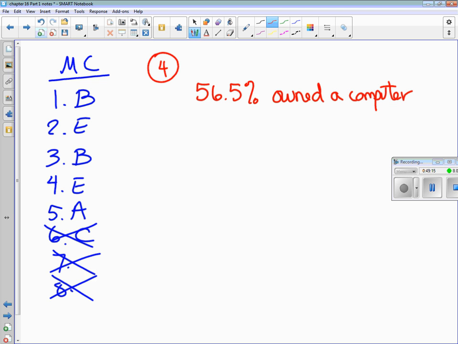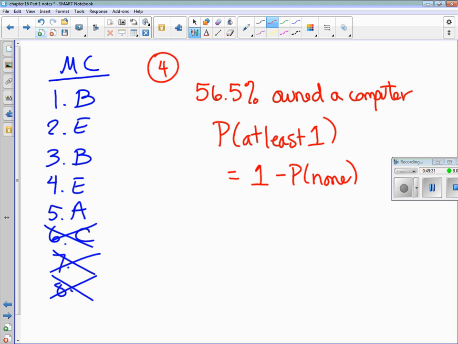So we know that at least one, we have a whole bunch of different scenarios. If you want the probability of at least one, what did I tell you that we could do? That's the same thing as 1 minus the probability of none. Would you agree with that? Isn't that what I told you many times over, right? So we want to find the probability that none of my 3 houses had a computer.